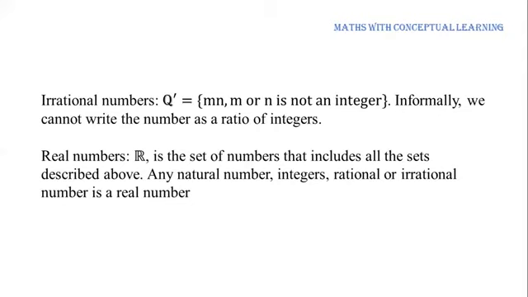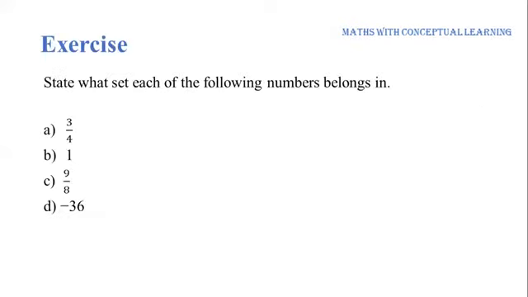Any natural number, integer, rational or irrational number is a real number. Let's look at an exercise. State what set each of the following numbers belongs to. You can relate to the previous definitions of sets and find which numbers belong to the set.